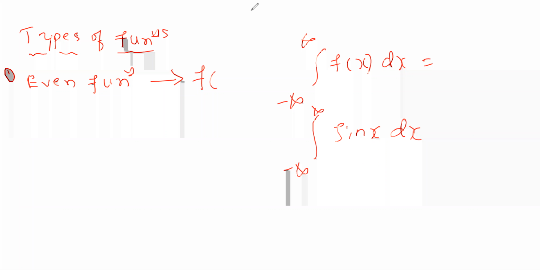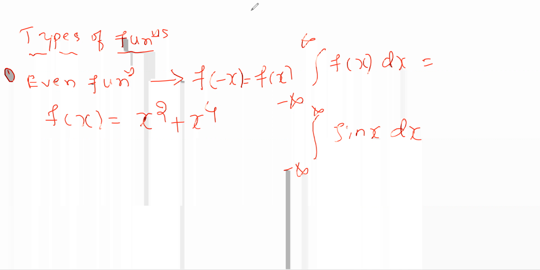When the function f of minus x equals f of x, then we can say that the function is an even function. For example, there is a function f of x which equals x square plus x power 4. Now if you want to decide whether this function is even or odd, you just have to replace x by minus x.